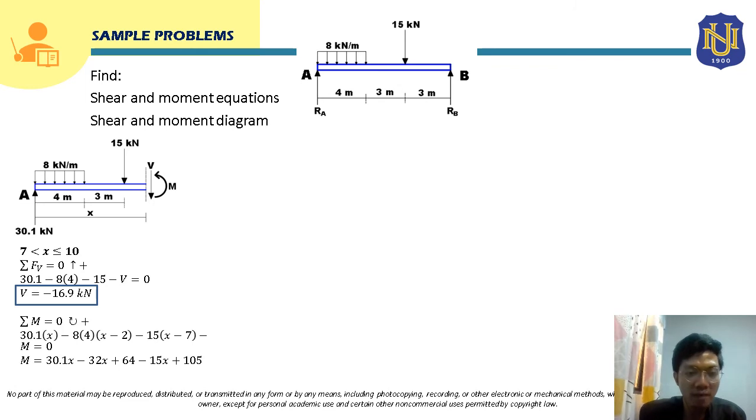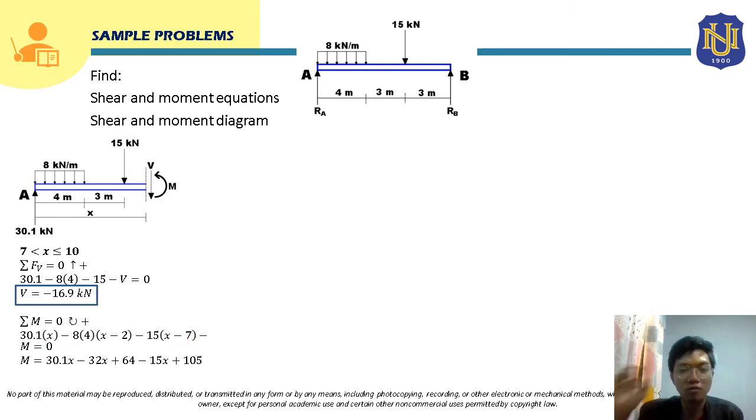So solving for M, this will be 30.1x. And then negative 8 times 4 times x, so that will be negative 32x. And then negative 8 times 4 times negative 2 will be positive 64. And then negative 15x, and negative times negative will be positive: 15 times 7 is 105.